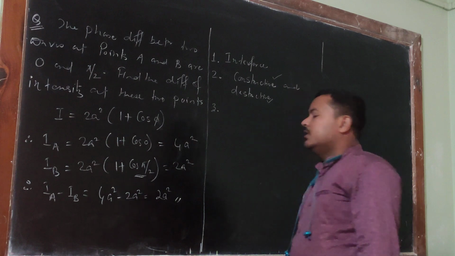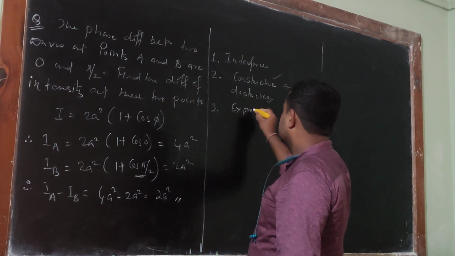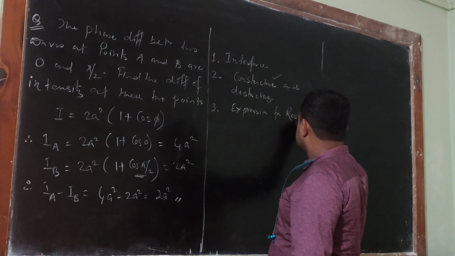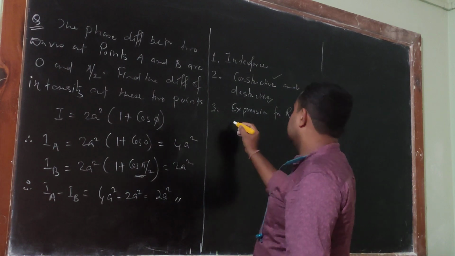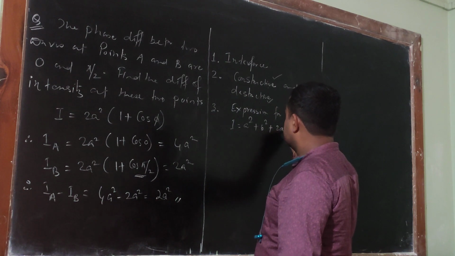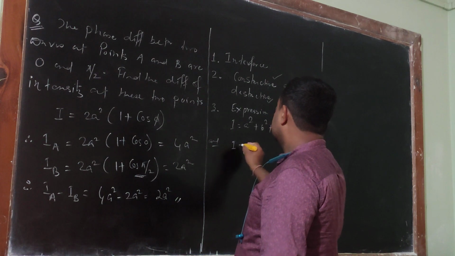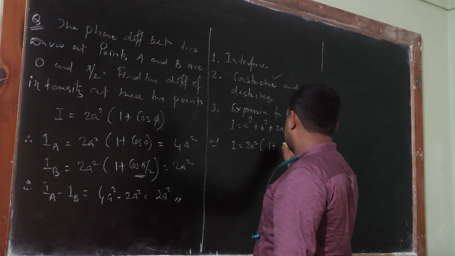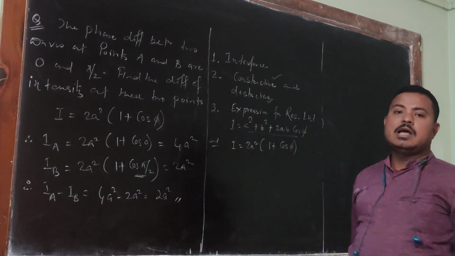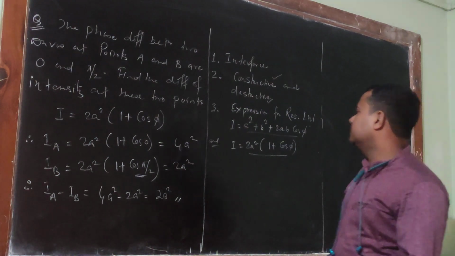Then I derived the expression for resultant intensity: I is equal to a square plus b square plus 2ab cos phi, and another, 2a square (1 plus cos phi). The first is the formula when amplitudes are different, and the second is the formula when amplitudes are equal.